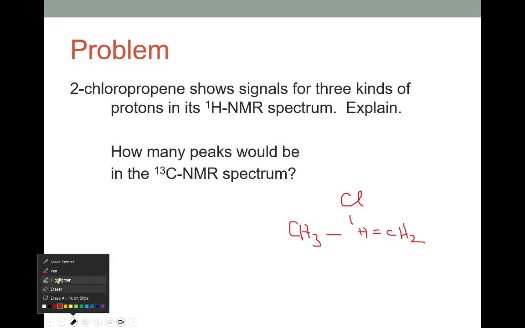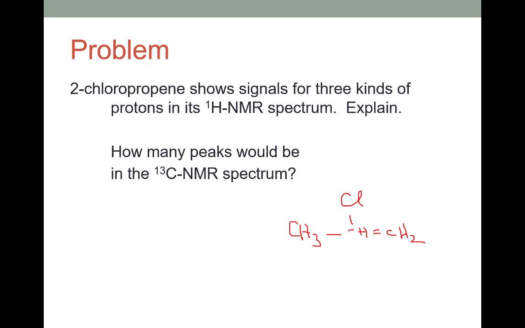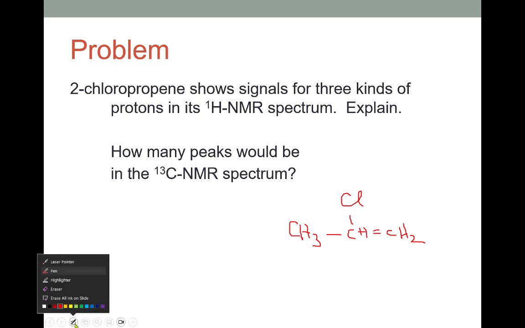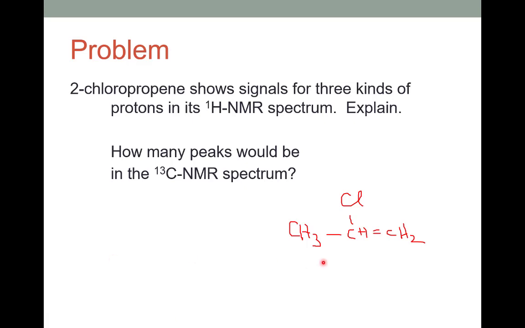So what I'm trying to get at with this terrible drawing is that when we look at this molecule, and we say, well, how many types of carbon or how many unique carbons do I see? Well, I would see here on the left a carbon with 3 hydrogens that's attached to another carbon.